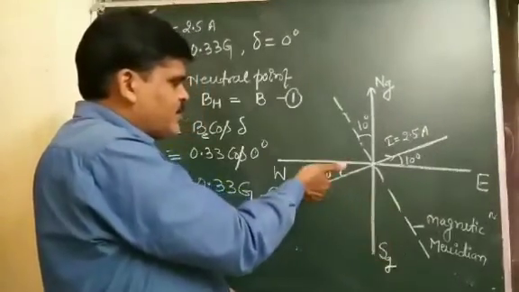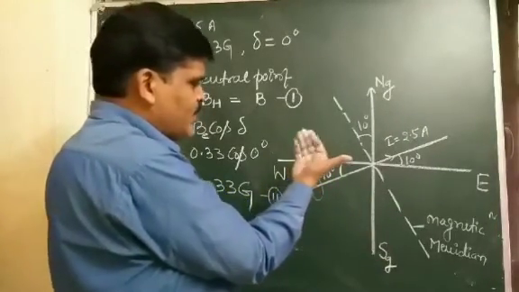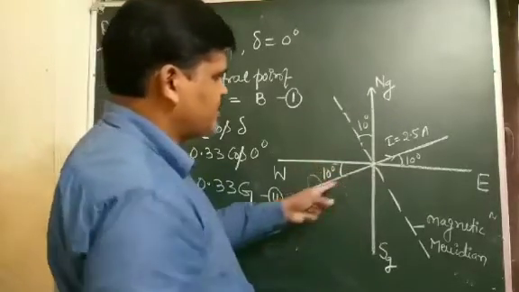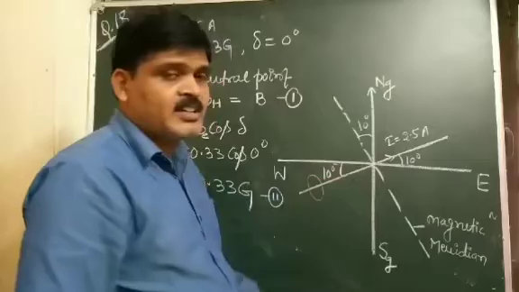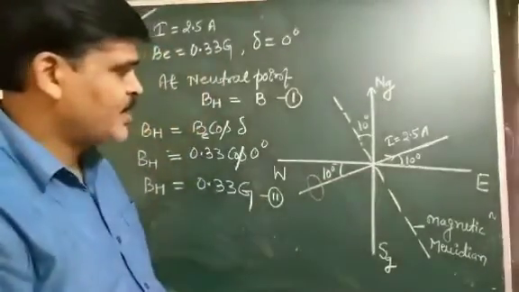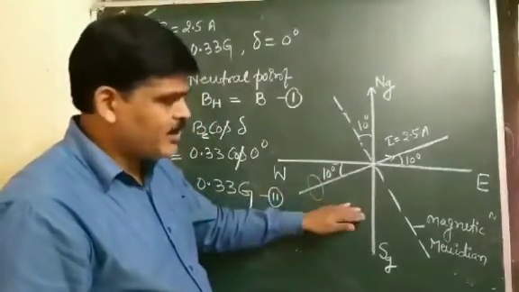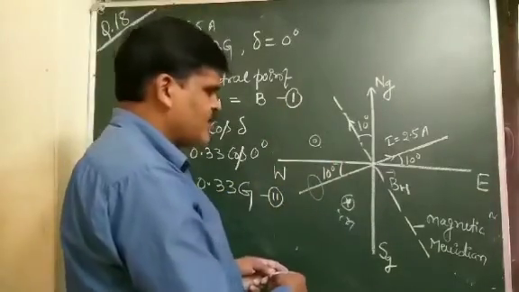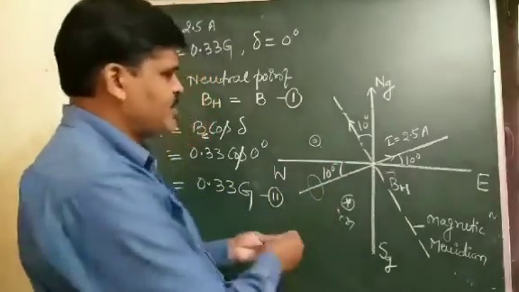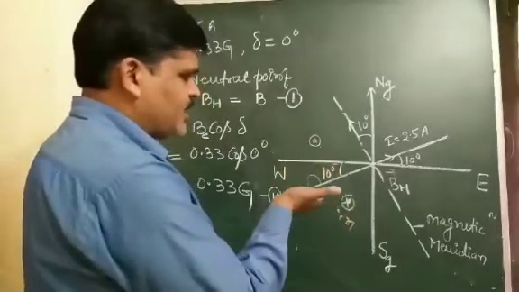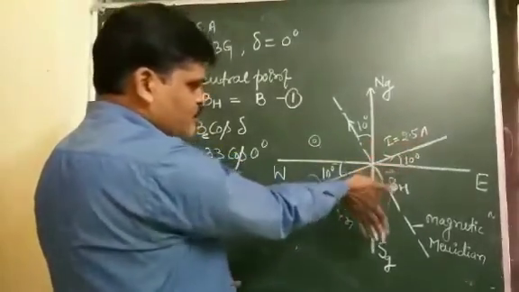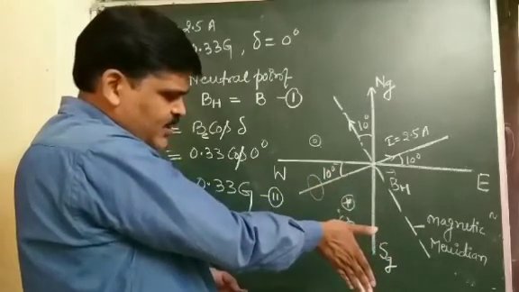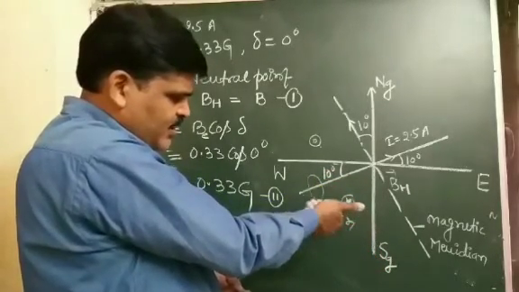If you curl your fingers, the direction of the magnetic field produced by this straight current carrying conductor is: right, inward; left, outward. So imagine the current is flowing in this direction; then the direction of the magnetic field on the right side is inward, and on the left side it is outward.